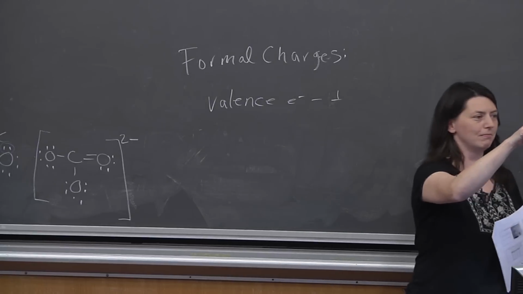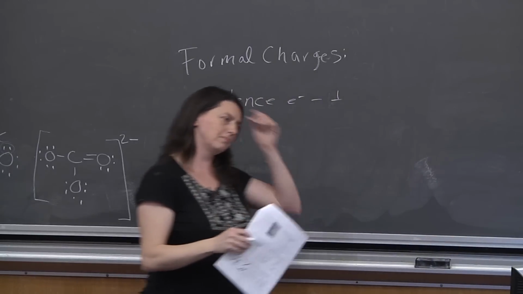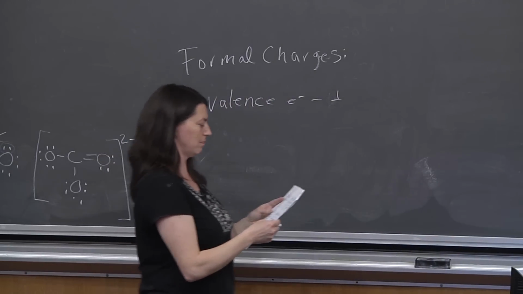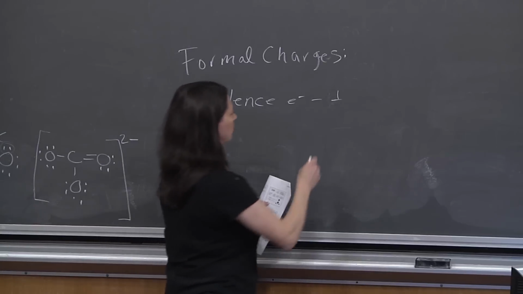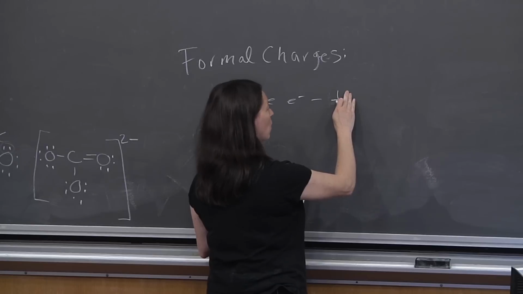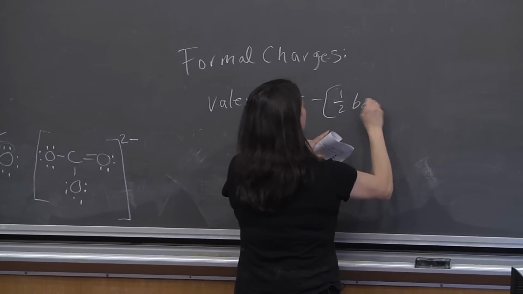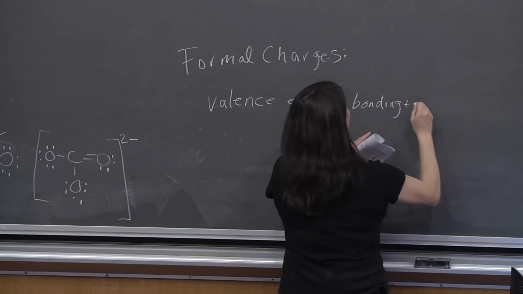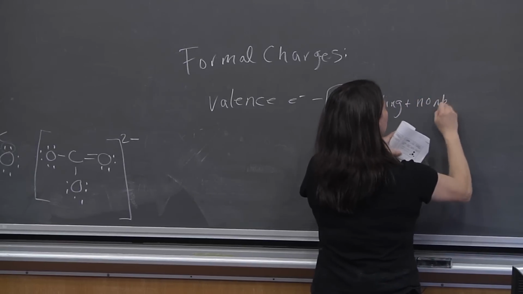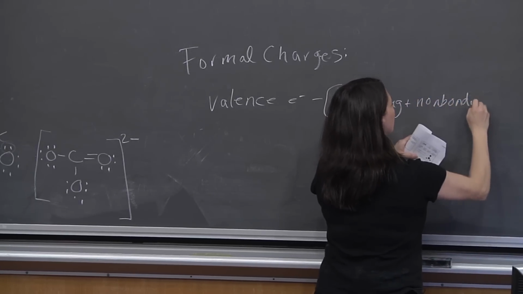The way I learned it, I think it's valence electrons minus the bonded electrons, and then how many are unbonded. OK, the half is important, though, right? So it's half the bonding, and the non-bonding, sometimes known as lone pairs.